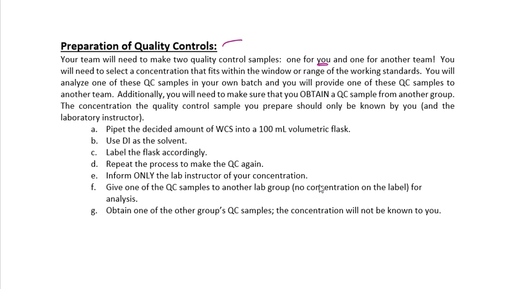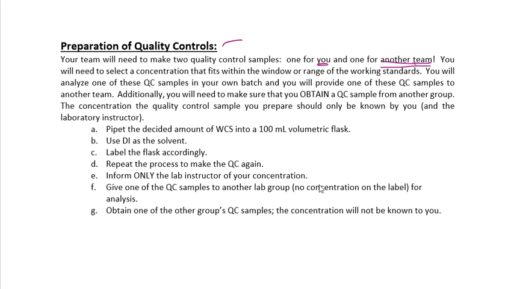Make it easy on yourself. You're going to give that to another team. But you will not tell them what the concentration is. It's up to them to decide what that value is going to be. You need to keep it from them. Don't be cheaters. Be the quality control department that we want you to be. That's the purpose of this exercise.